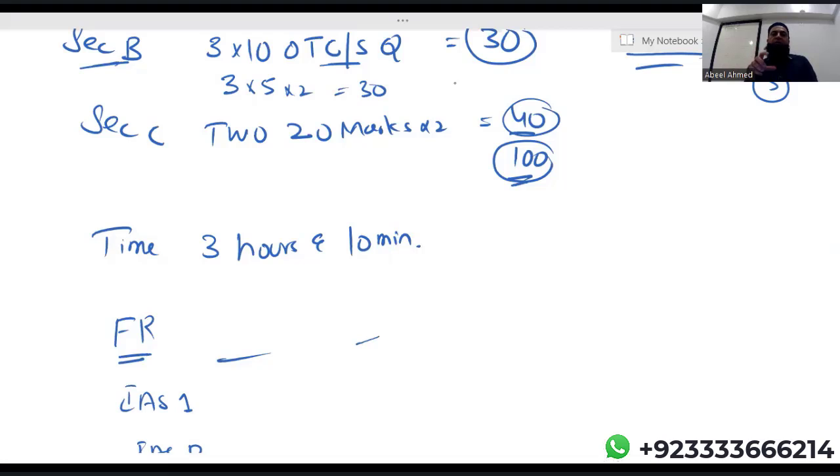IFRS 15, revenue from contracts with customers. If you don't know when we need to recognize the revenue over time and when at a point in time, obviously you are going to make mistakes.